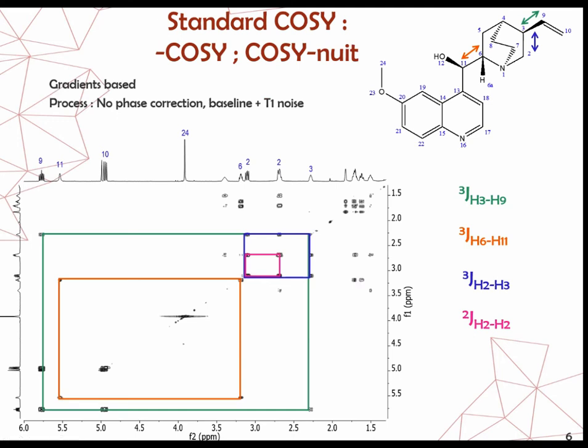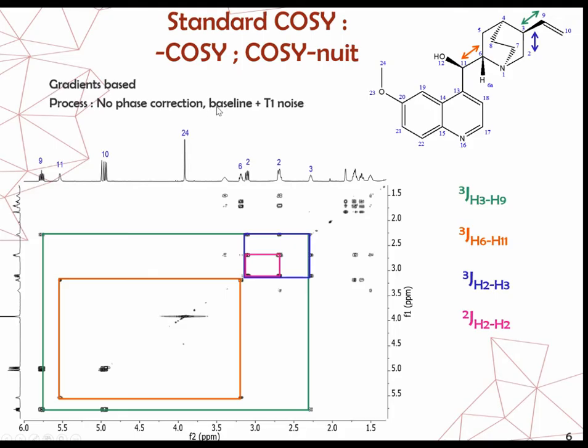So just a few things about COSY spectra. The standard COSY is a very simple and very rapid experiment. You can perform it on most spectrometers during the day because it's only 3 minutes long, so it's very quick. For the processing, you don't need to correct the phase.